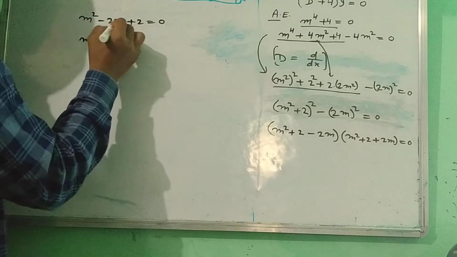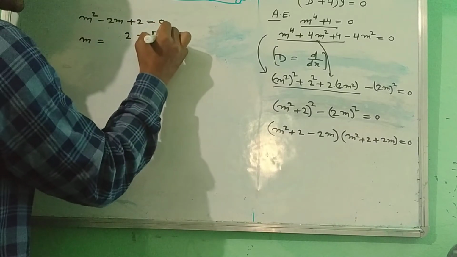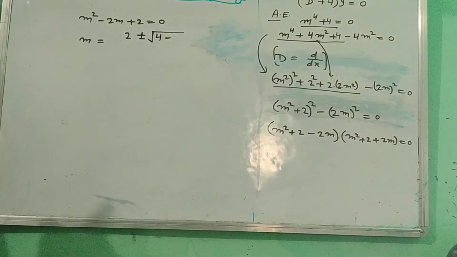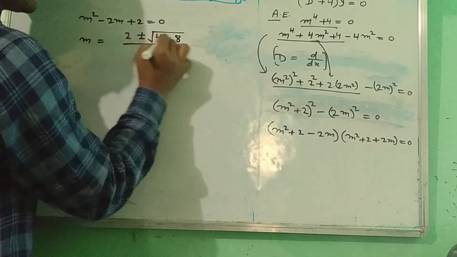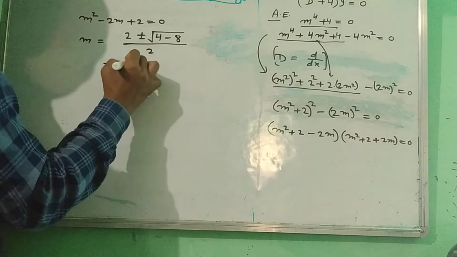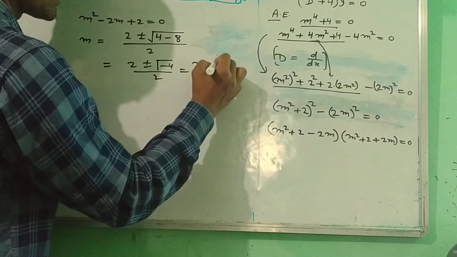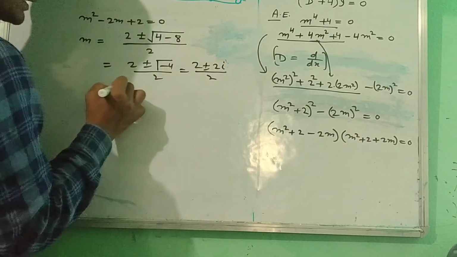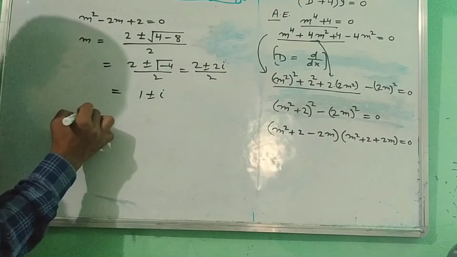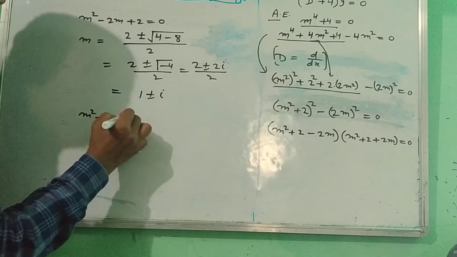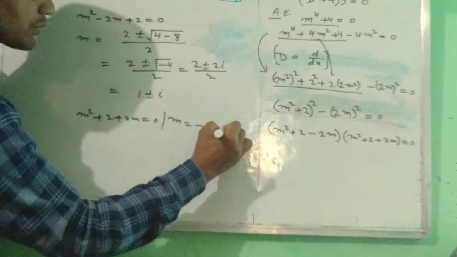According to the Sridharacharya method, m = (-b ± √(b^2 - 4ac)) / 2a, which gives (2 ± √(4 - 8))/2 = (2 ± 2i)/2 = 1 ± i. The roots of the second equation, m^2 + 2m + 2 = 0, are m = -1 ± i.